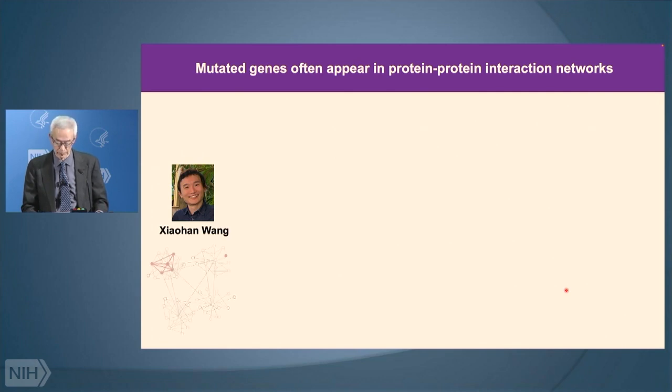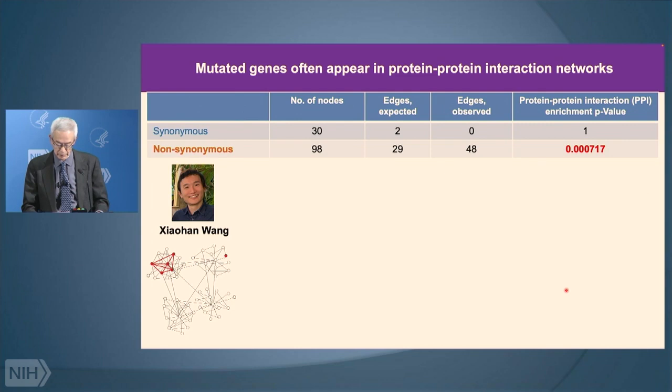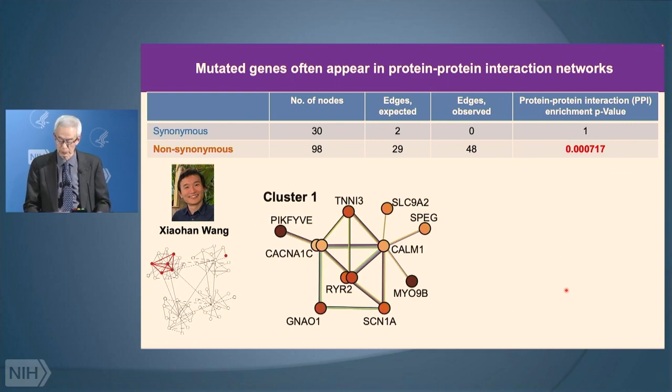Shahan Wang took a different approach. He looked at the genes that were characterized and put them into protein-protein interaction networks. So people catalog the ways that proteins interact with partners by doing real honest-to-goodness biochemistry. And they find that the genes that we found affected, like CACNA1C, RYR2 in 2 cases each, and calmodulin, are all actually part of a social network, a network between encoded proteins that physically interact with each other.